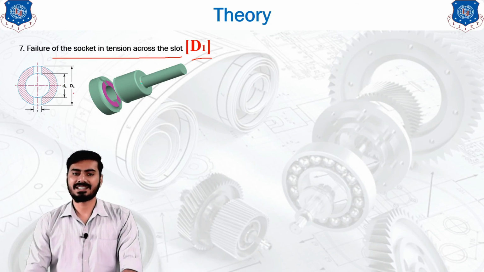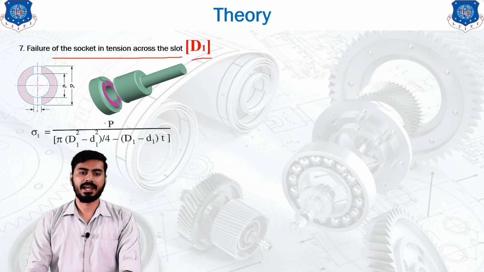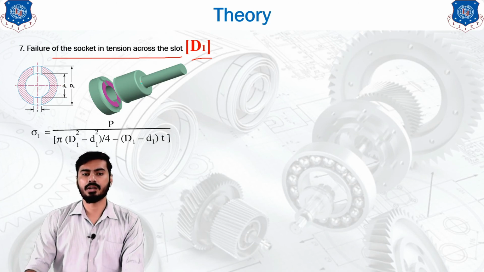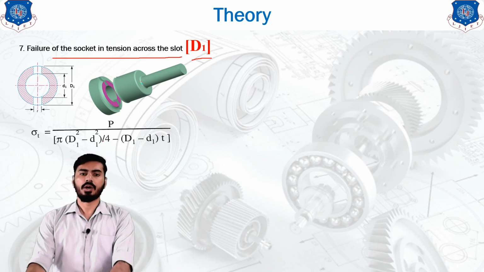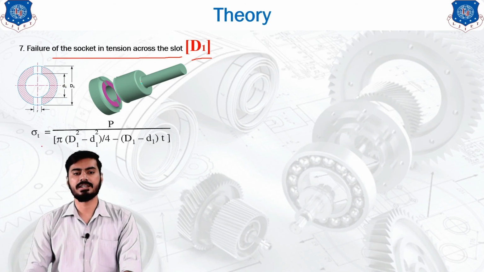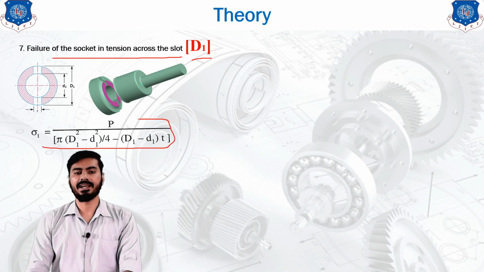So these are the dimensions of the socket where the slot is provided. Then the cross section area which is required to be calculated is this ring region, considering the hole for the slot. Okay, so if you consider this region, then your equation would look like this.